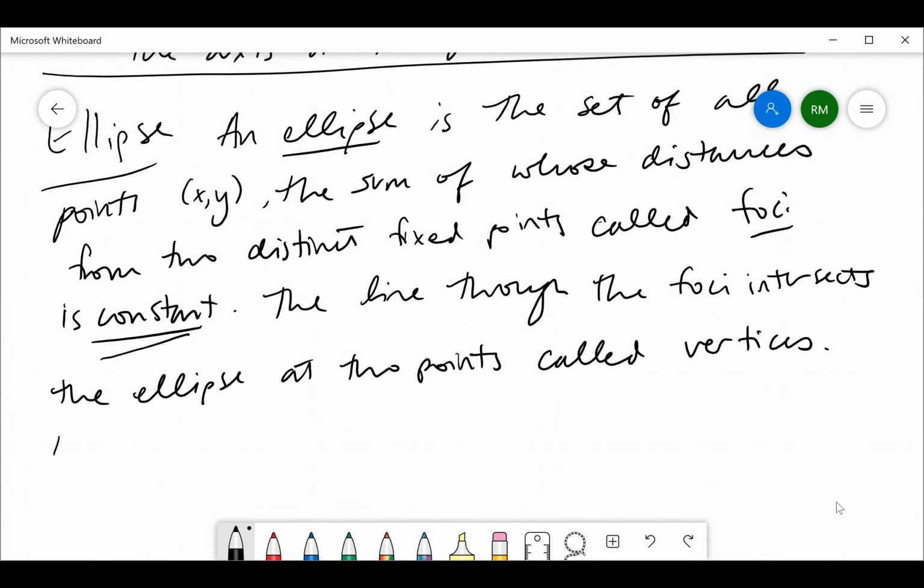And the chord joining the vertices is the major axis.